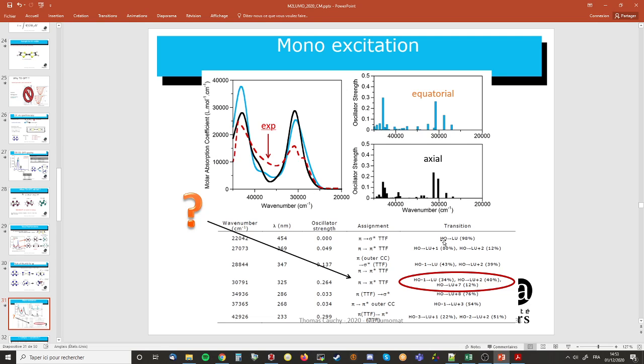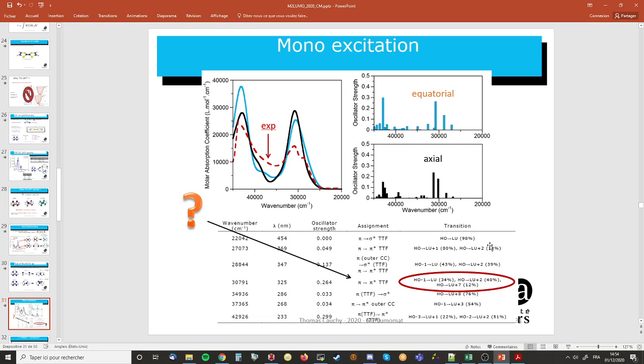The HOMO-LUMO band at almost 100% has 0 oscillator strength, and the first band, this one, is a HOMO-LUMO plus 1 and HOMO-LUMO plus 2. So here you see that there are two transitions, but in reality there is only one electron that moves. That does not mean that we have one electron that goes to LUMO plus 1 and one electron that goes to LUMO plus 2. No.